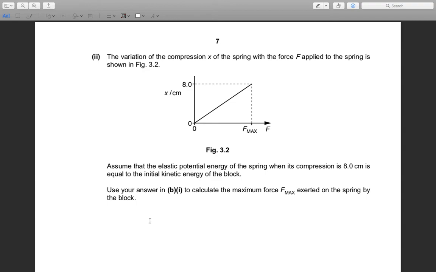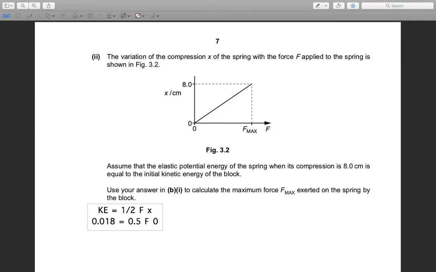So the kinetic energy means the area of this graph, a half F max times X. Because this is a triangle, the area of a triangle is a half times F times the height, which is X. It means the kinetic energy before, 0.018, is equal to a half times F, and then X is 8 centimeter.